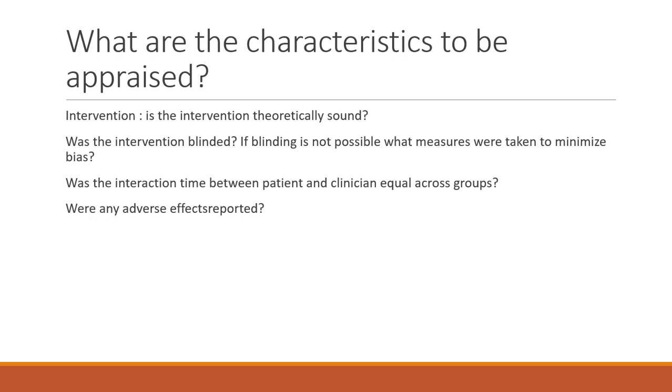Because there is an effect of interaction with a clinician. So if one group had 1 hour of contact time and another group was contacted only through the telephone, there is a chance that the group that actually saw the doctor or the clinician may do better.